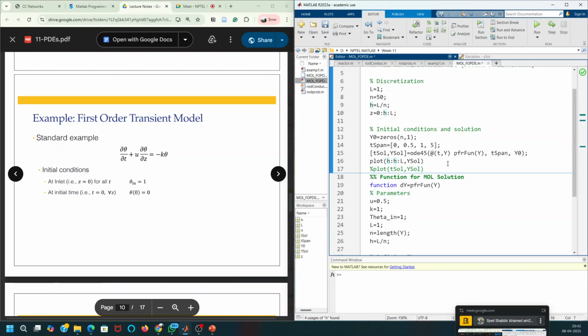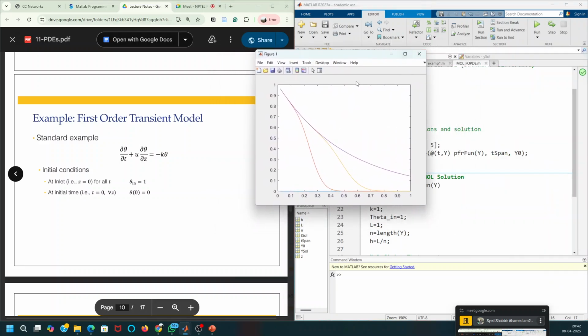I want to see how, with respect to the length of the rod, theta is varying at these times. So I can run it, and I can see that this is how it is varying.